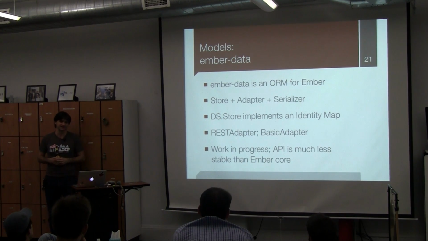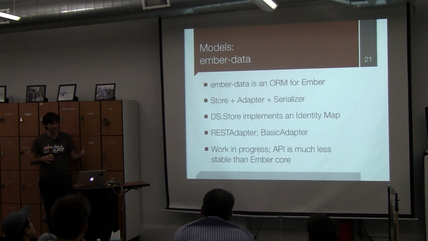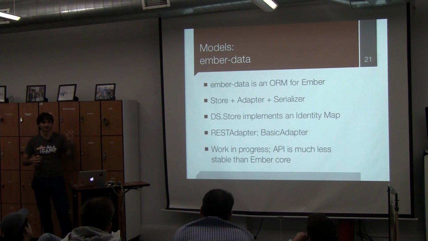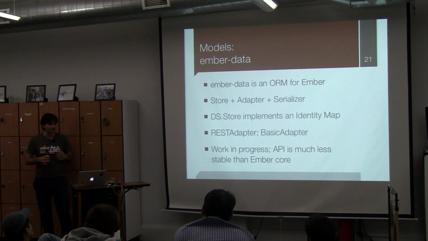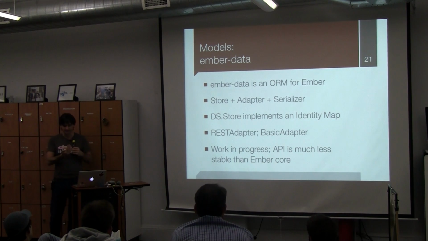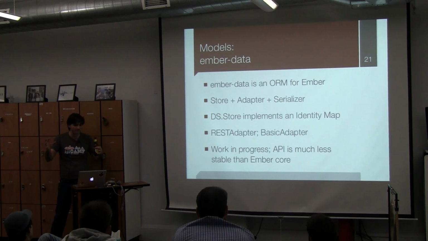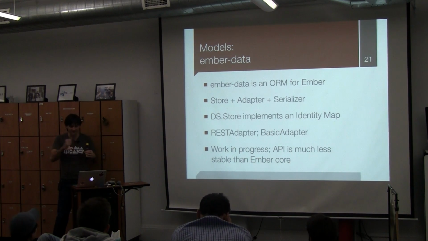Ember data consists of a few different things, probably the most important of which are a store, where your models are stored and which functions as an identity map, an adapter, which helps to define the communication to your API, and a serializer, which is responsible for taking stuff in the representation that your API gives you and transforming it into a fully populated Ember object, and vice versa.